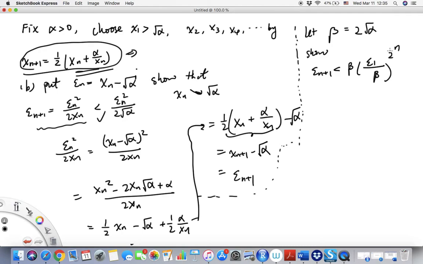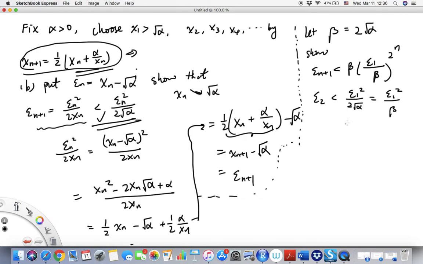So how do we do that? First from here we can see that epsilon 2 is less than epsilon 1 squared over 2 square root alpha, right? So that's epsilon 1 squared over beta. Because we proved this part, I'm simply letting n equal 1.